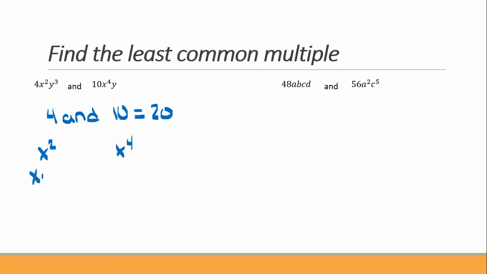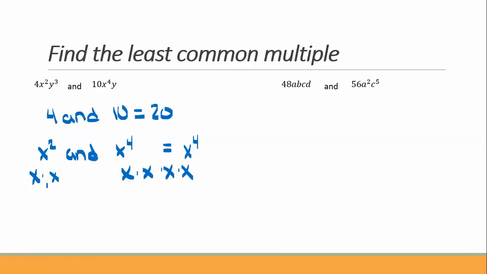X squared is x times x. X to the fourth is x times x times x times x. So just like we did with the 2 to the, this one was 2 squared and this was 2, and we kept both 2's in there, the same thing happens here. So the least common multiple of x squared and x to the fourth is x to the fourth.